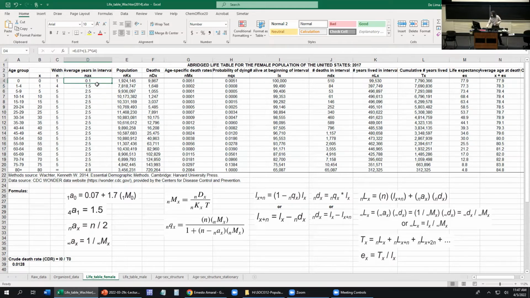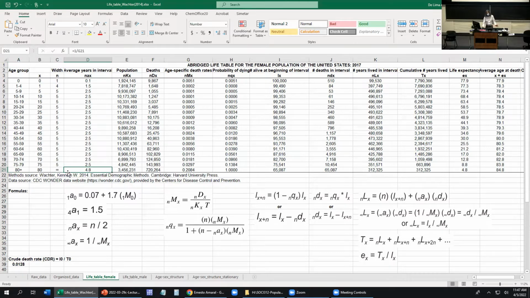For the first one, A01, we get information on mortality rate, but this one we don't. It's easier. And for the last one, how do we know how many years on average people will live in this last age group? It's an open-ended interval, 80 plus in our case.